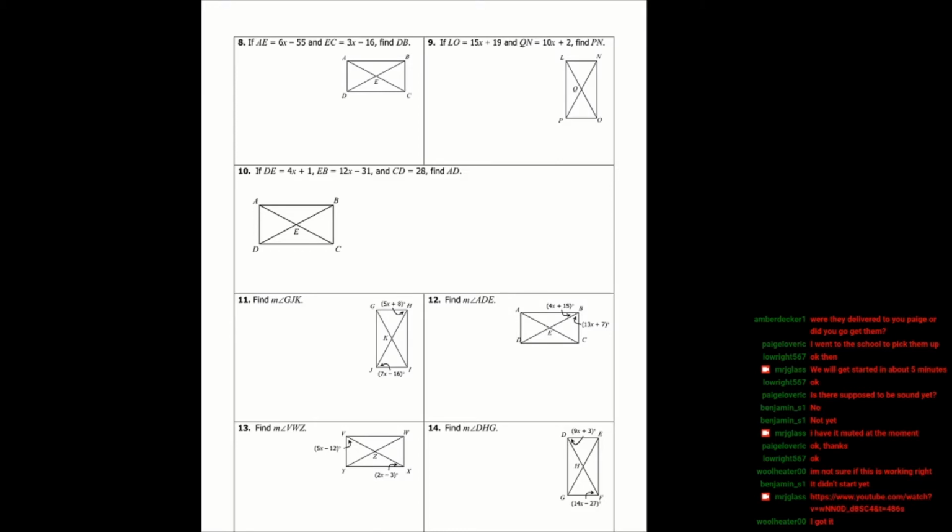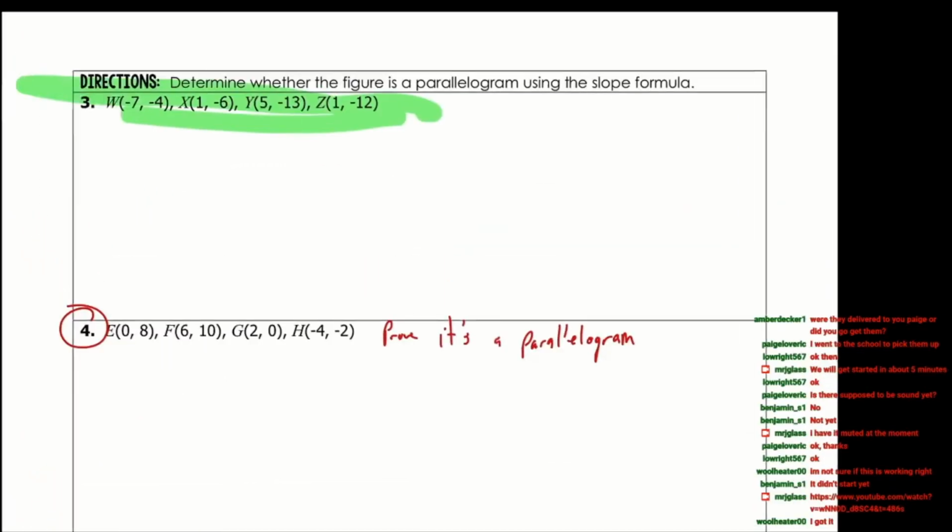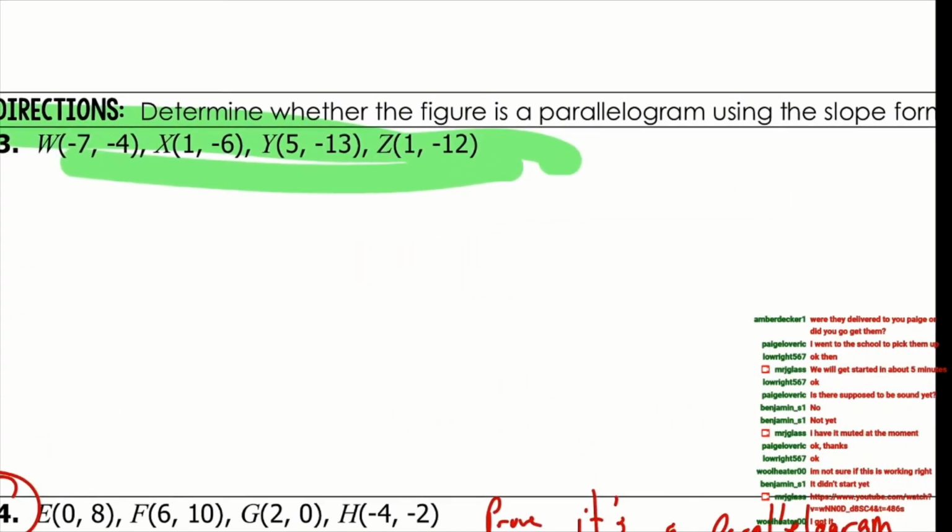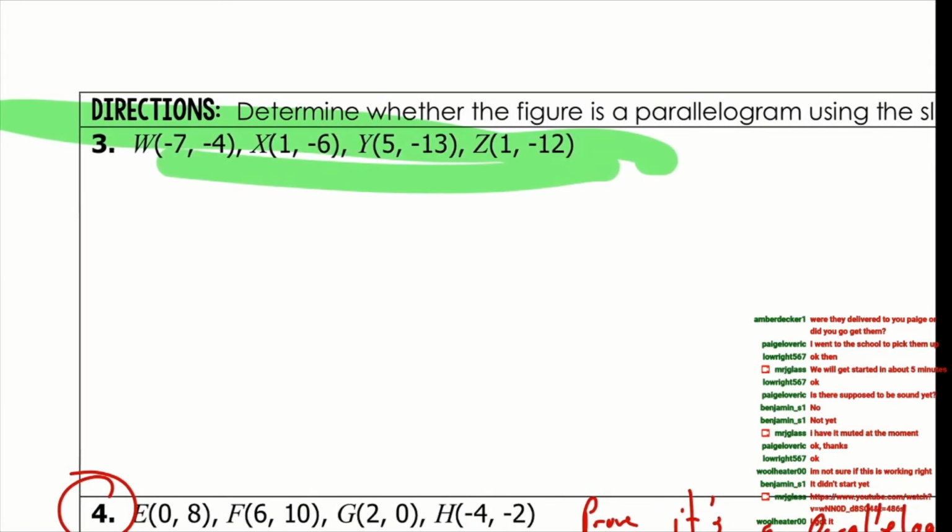But we're going to jump right into what we were doing yesterday. We're going to practice one of these examples on our own and see what we can do. For now, I'm going to ignore the directions. It says determine whether the figure is a parallelogram using slope formula. I'm just going to change that into prove it's not a parallelogram.